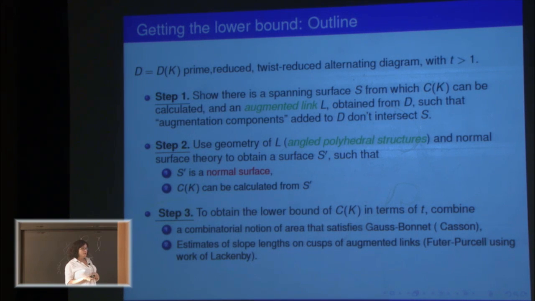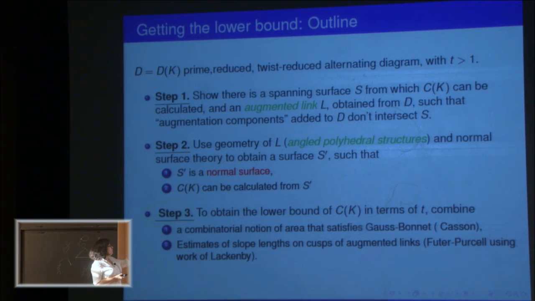Right now, typically, if I draw down a surface and then I augment, remember what happens, the extra components, if my surface looks like that, the extra components I put will pierce the surface, right?